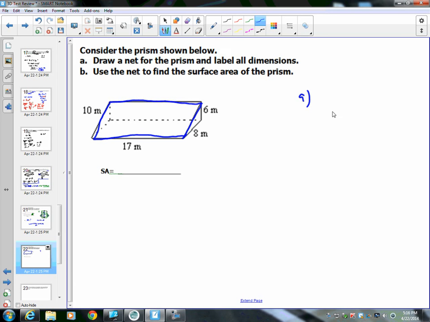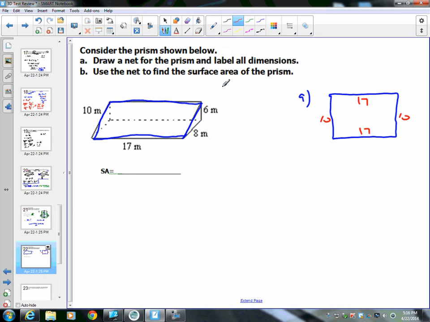Okay, so that rectangle, it looks right here. It's quite large. I'm going to go ahead and label the numbers on it immediately. So this one is 10. This is also 10. This is 17. 17, and this one's also 17.